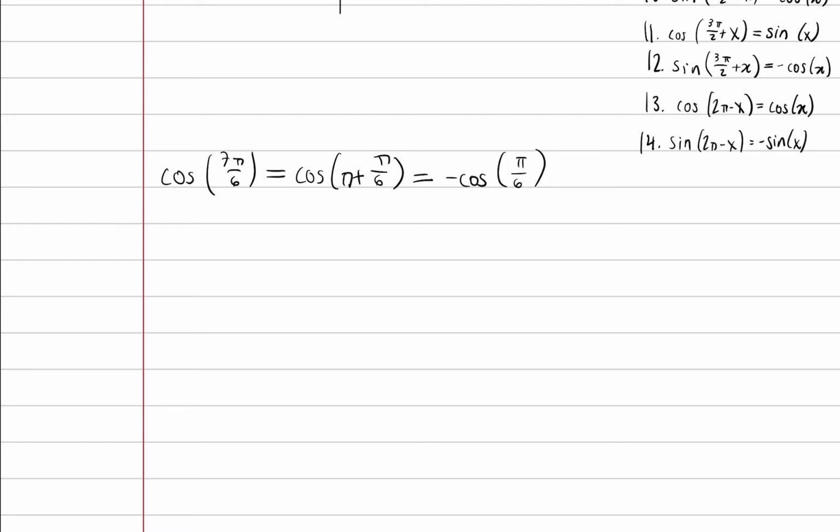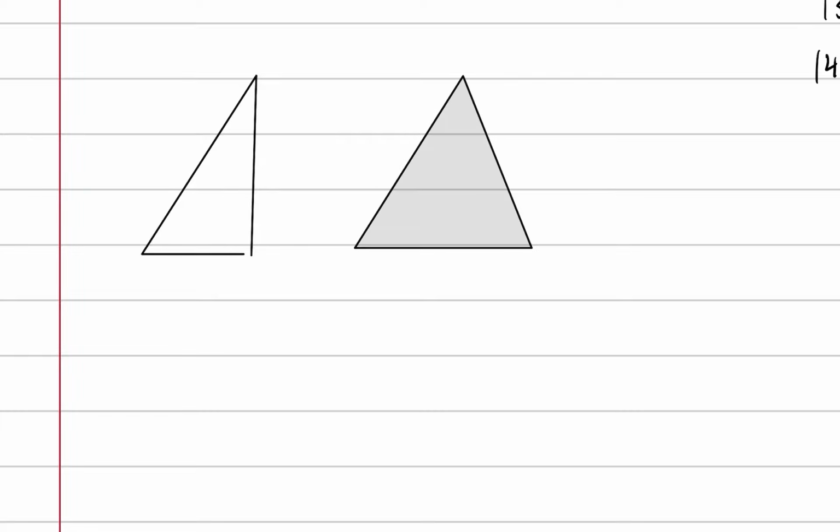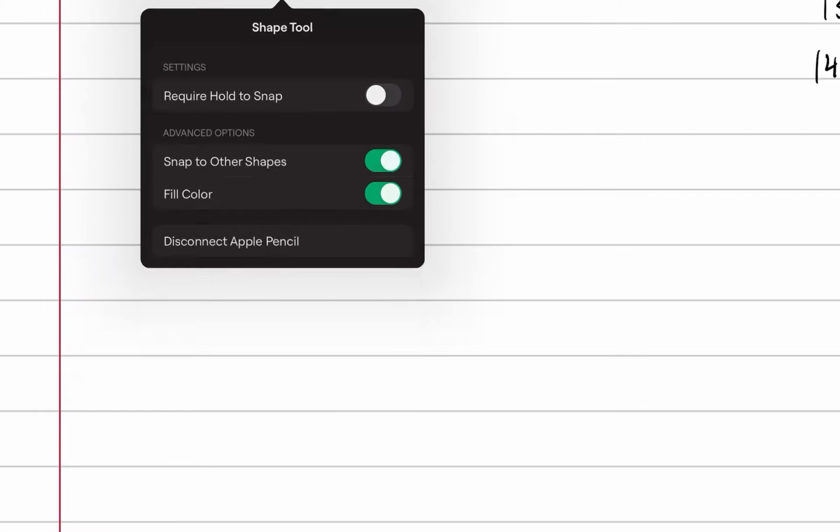So how do we figure out what these are? Here's where you need to memorize it. Now you may remember from geometry what a special right triangle is. I'll try to do my best here to make them, but of course it's not going to come out nice.